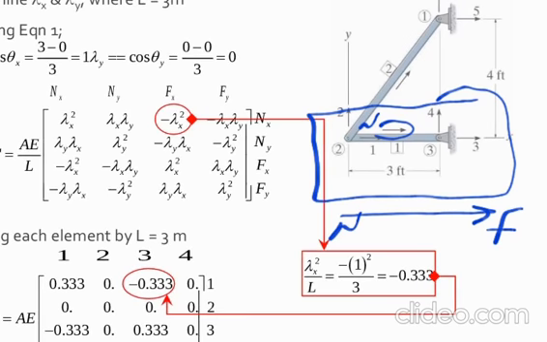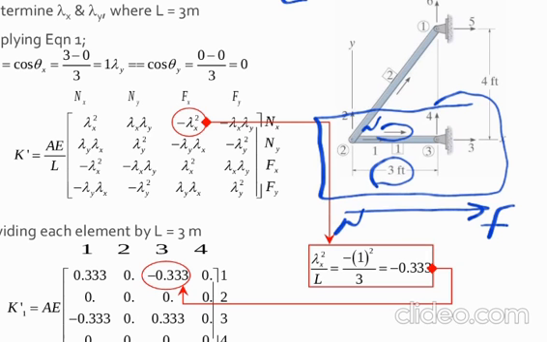So lambda X is equal to X far minus X near divided by L. L here is the length of the member. We have 3 feet. This is the length.